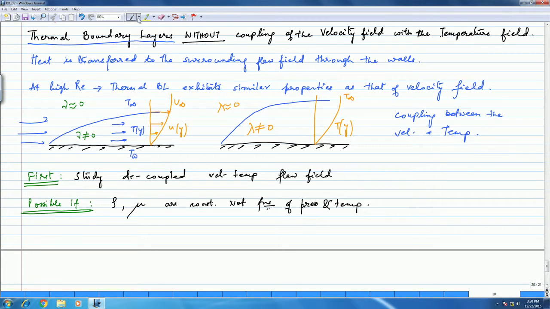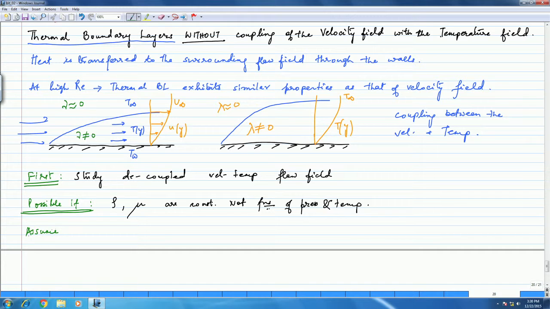Now, this kind of throws us off guard, because you're saying that these are going to be constant. How are they constant, because you're saying there is a temperature difference, a variable temperature? If the temperature is varying, how can kinematic viscosity remain constant? Well, we will assume this.